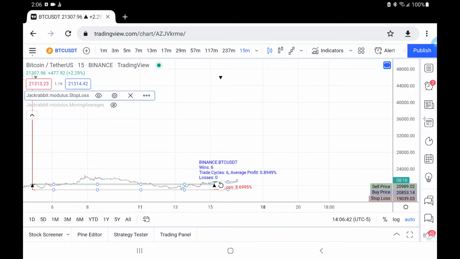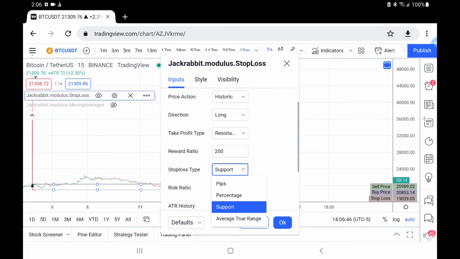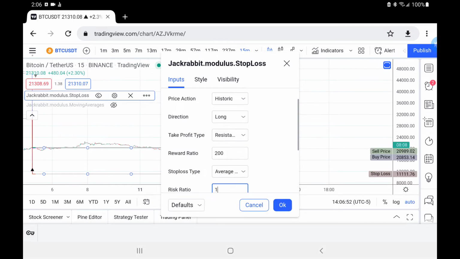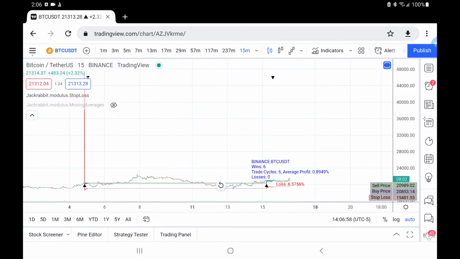Now let's see what happens if we change it. Let's go to 14 ATRs. Okay, 14 ATRs does well.